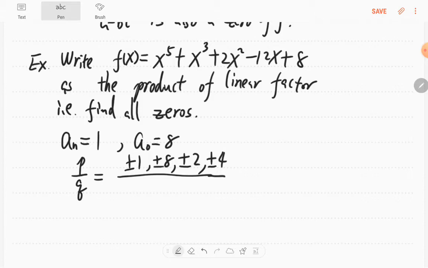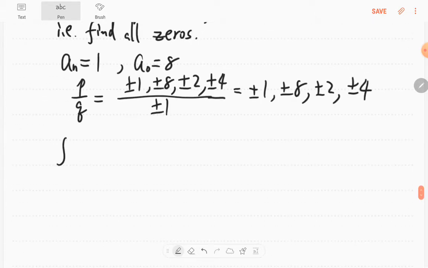These are all the factors of 8, and the factor of 1 is plus or minus 1. Most of the time we will start from some small number, so let's try 1 first, f of 1.